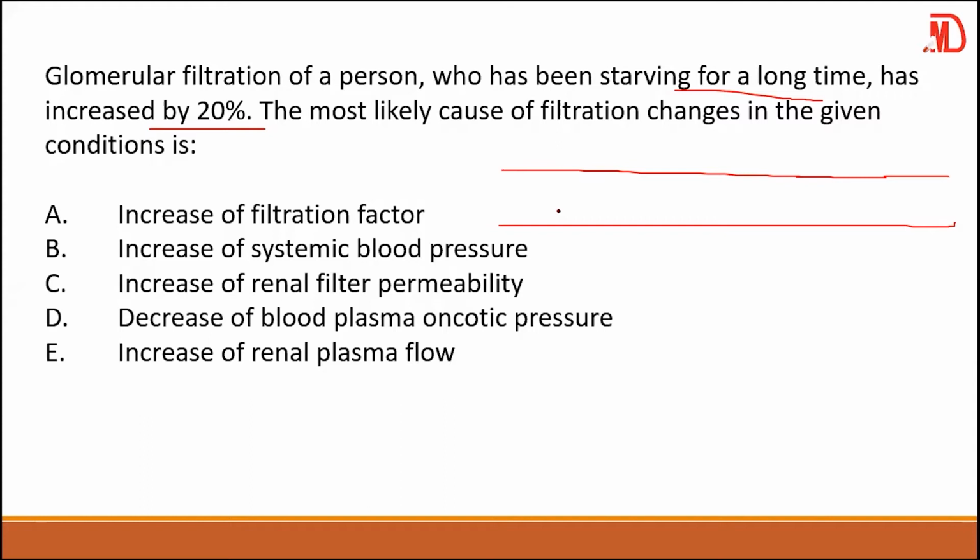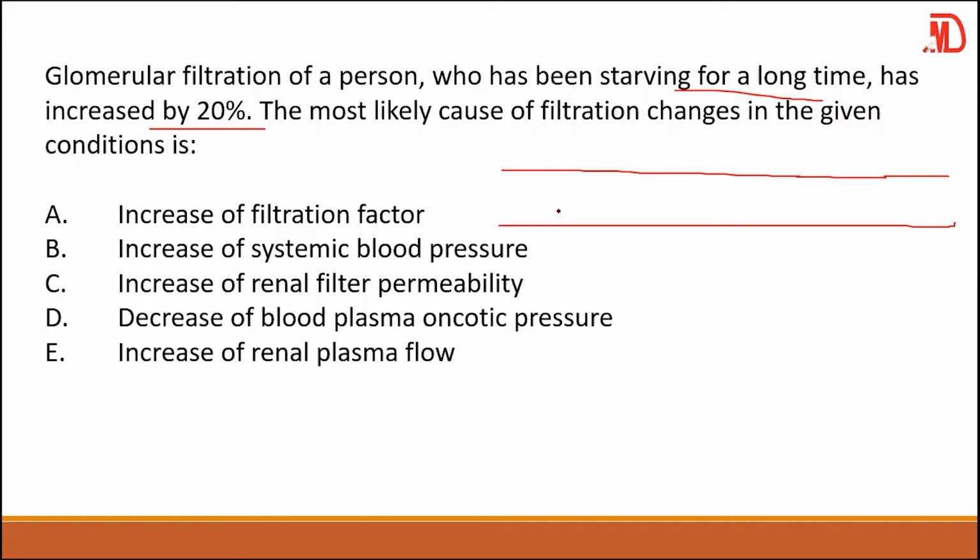And that is exactly what is happening in this person who is starving. Because there's no protein, there's no albumin, the water is not able to be held inside the vessel, so it keeps flowing out of the body. So the person becomes dehydrated.